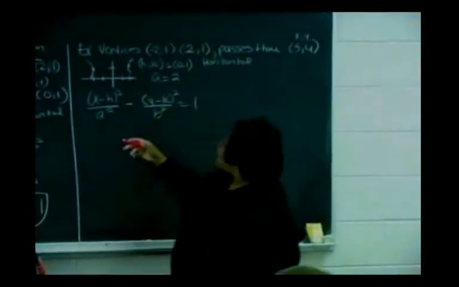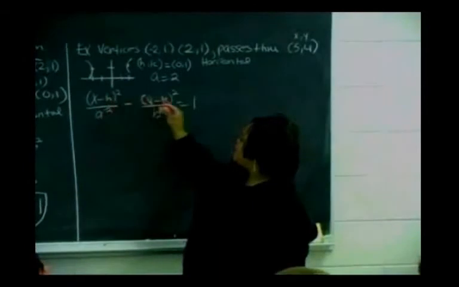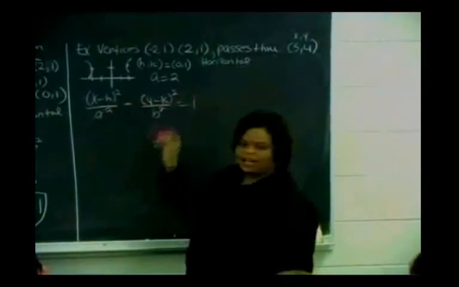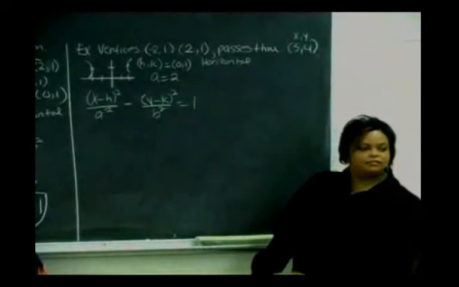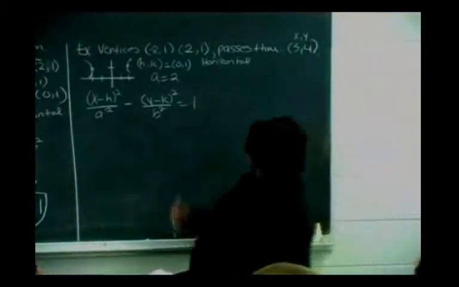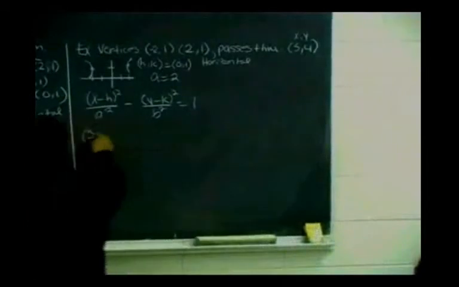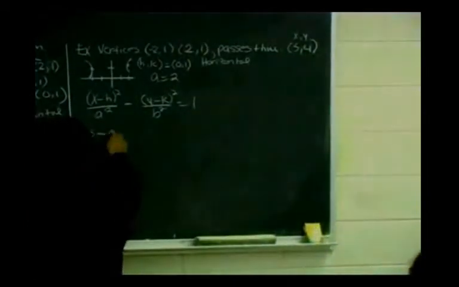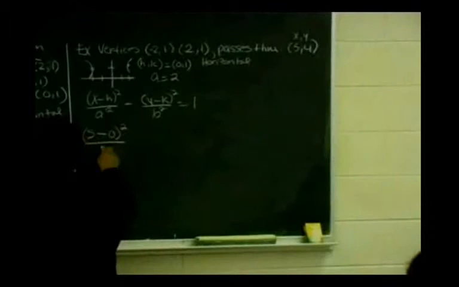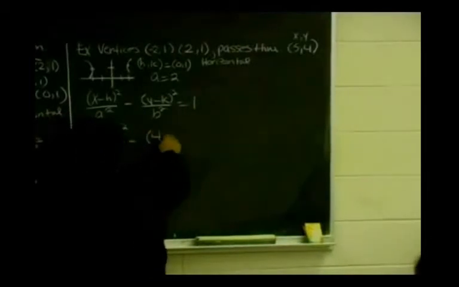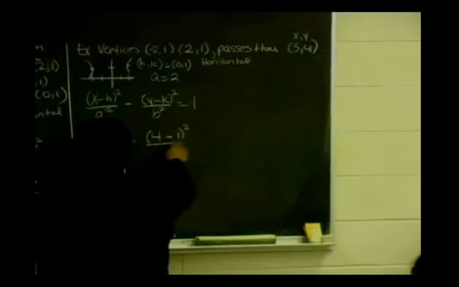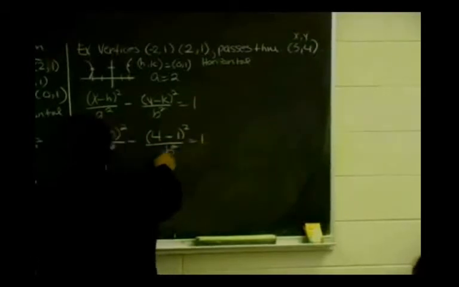If I know h and k, and I know an xy, I can put all of it in there and find b. Can I not? So let's do that. Let's put 5 in for x. H is 0, squared. A is 2. Y is 4, minus 1 squared over b squared equals 1.